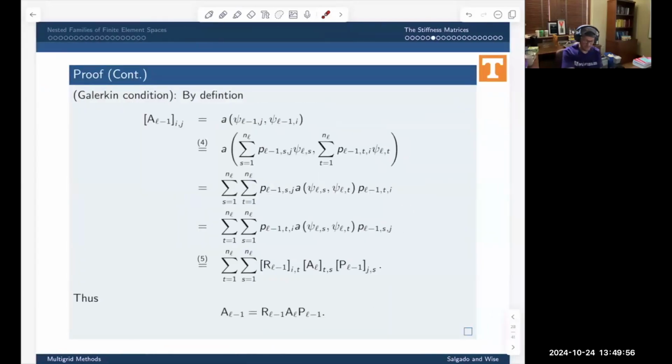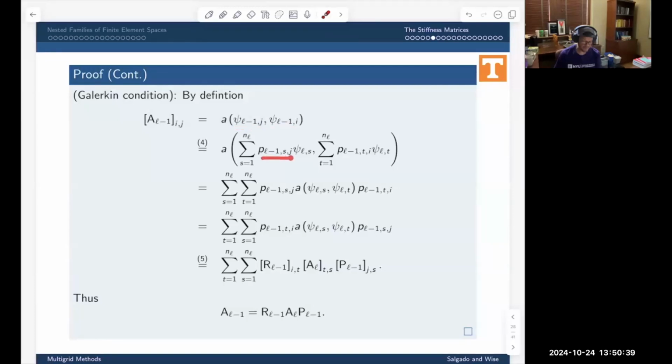Now we only need the Galerkin condition. So remember, the way we define the stiffness matrices, we define them all at once via that condition. And so AL minus 1 is already defined. So now we only have to show that AL minus 1, defined as it was, satisfies the wrap condition. So let's use the definition of AL minus 1. So we put in this basis function and this basis function into the A inner product, the energy inner product. Now we use the fact that these have unique basis representations in BL.